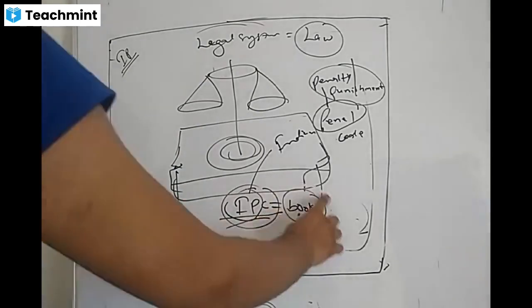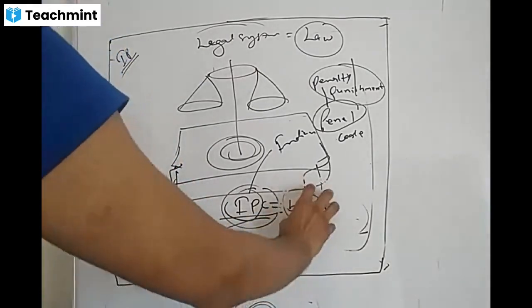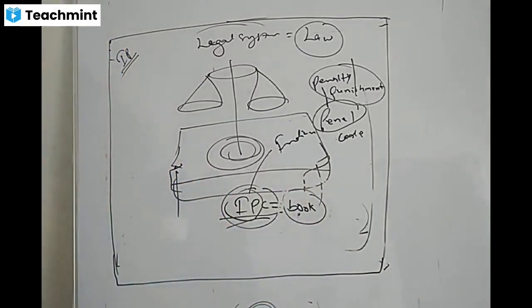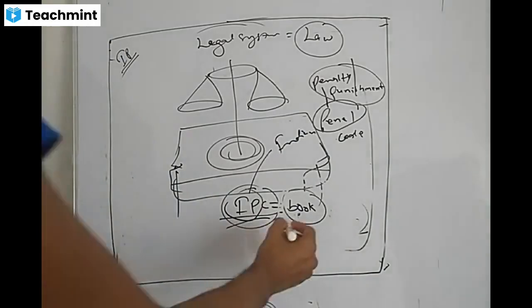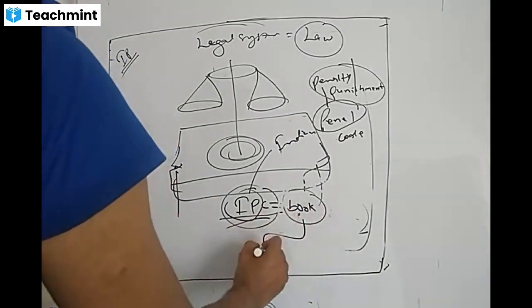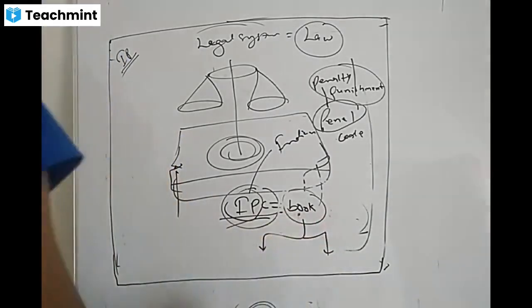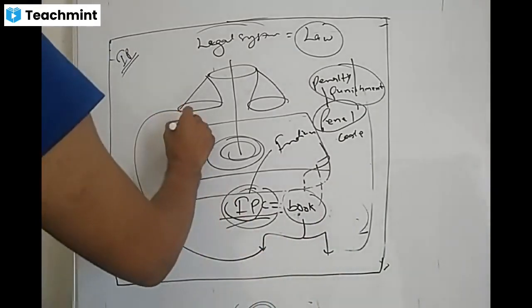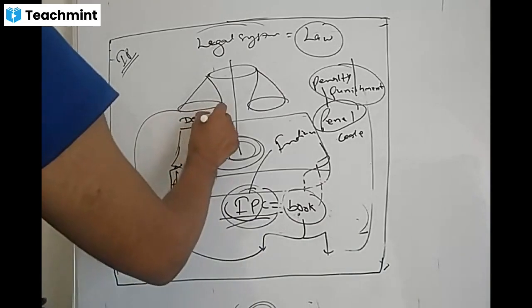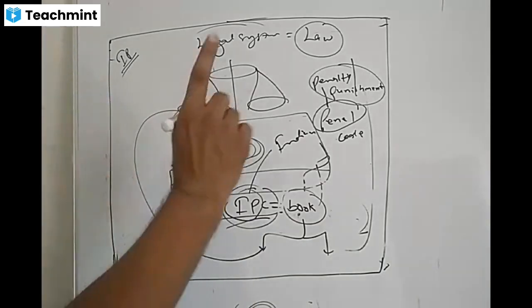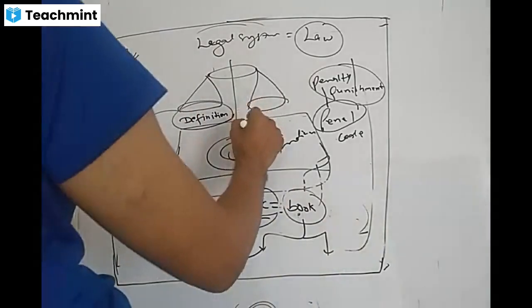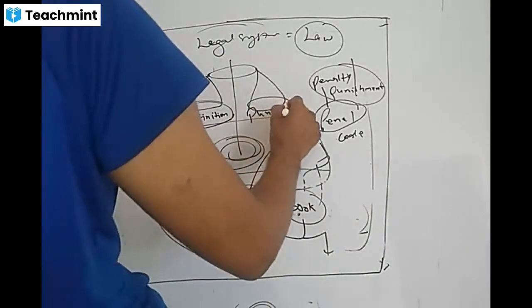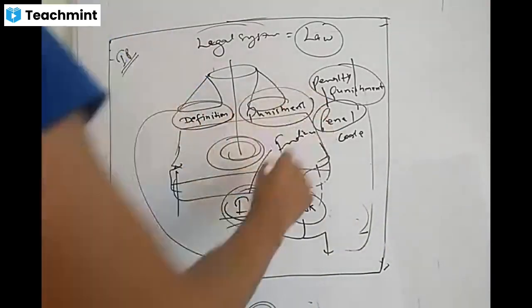So what information is given in this book? What information is given in this book? So the book contains two things. This IPC book contains two things. One is definitions, and second is punishment.